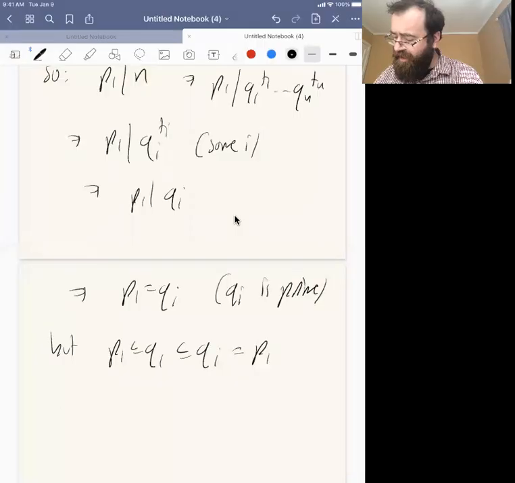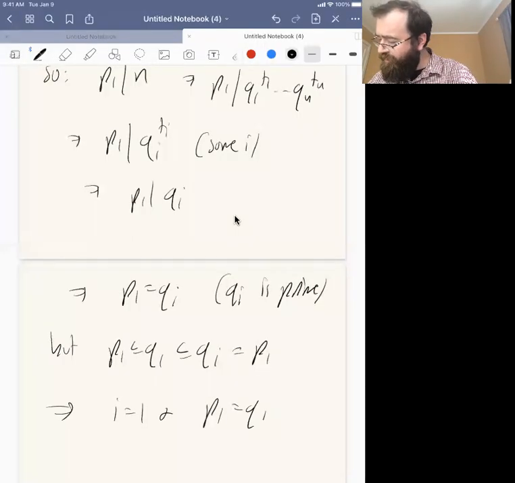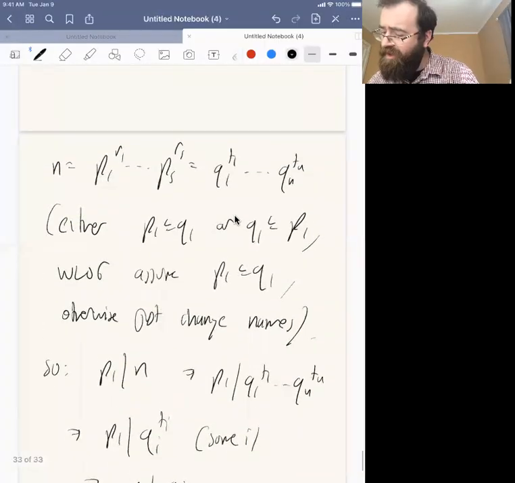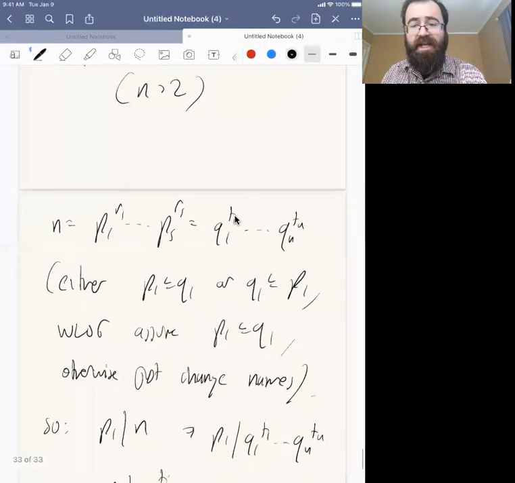Okay, so this implies that i is 1 and p1 is equal to q1. So the first factor on this side, p1, is actually equal to the first factor on that side, q1. And so that means that I can divide n by this p1, which is also q1, and get a factorization of a smaller number, right?